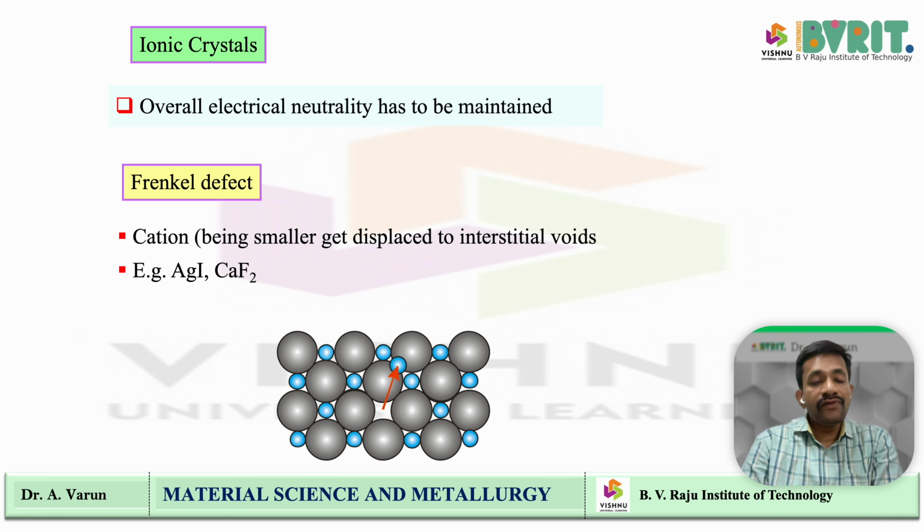When it comes to ionic crystals, overall electrical neutrality has to be maintained. In the Frenkel defect, you can see the cation from its regular site is moved to some other place.